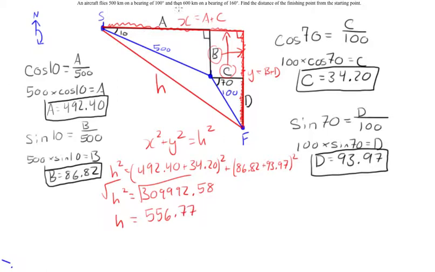And because they're dealing with kilometers, I'm going to put kilometers as well. Bear in mind, when I take a square root, yes, I do get plus or minus. However, since I'm dealing with distances, I can't have a negative distance, so I'm not going to put a negative distance as an answer. It's only positive 556.77.